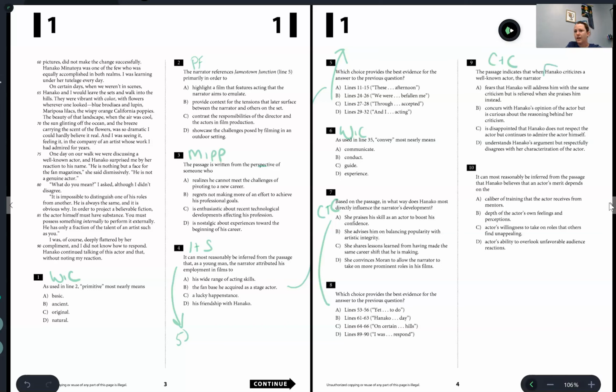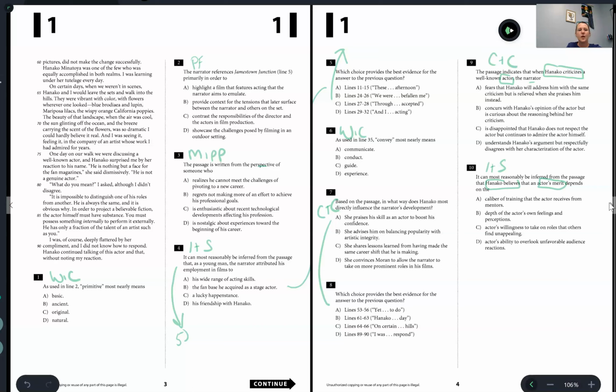So we need to find Hanako criticizing this other actor, and then we need to see what the narrator does in response to that. Number 10, reasonably be inferred, so we know this is an inference question. There's no COE follow-up because this is the last question of the passage. So again, we need to box some information. What is the passage asking about? Hanako believes that an actor's merit depends on what? So we need to see Hanako talking about an actor's merit and kind of what that depends on.